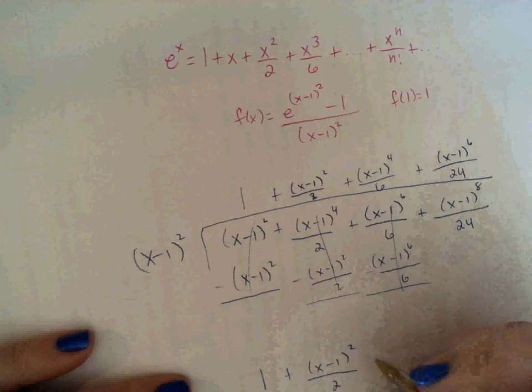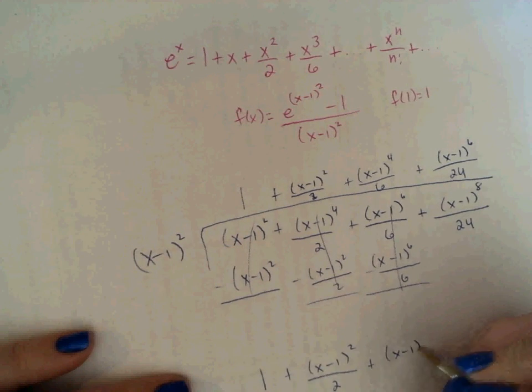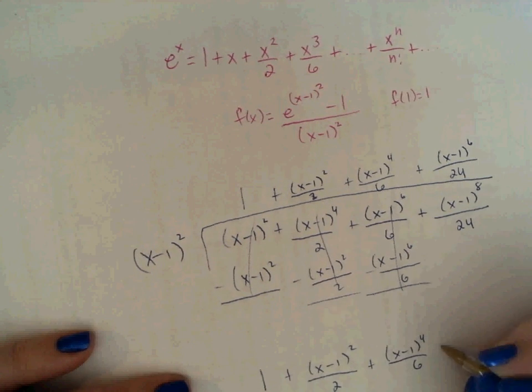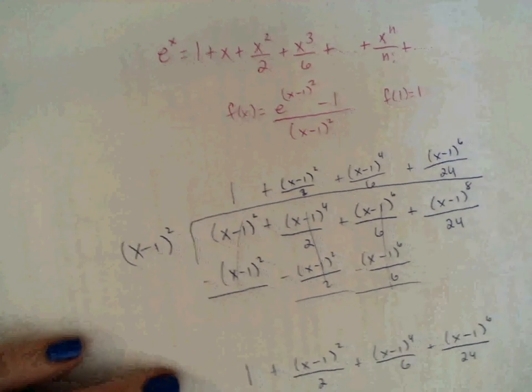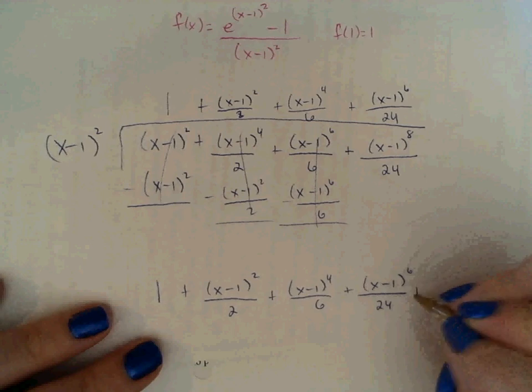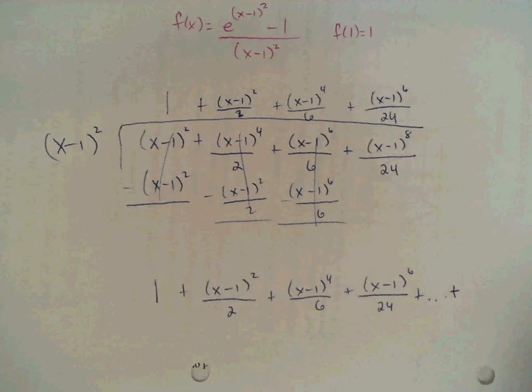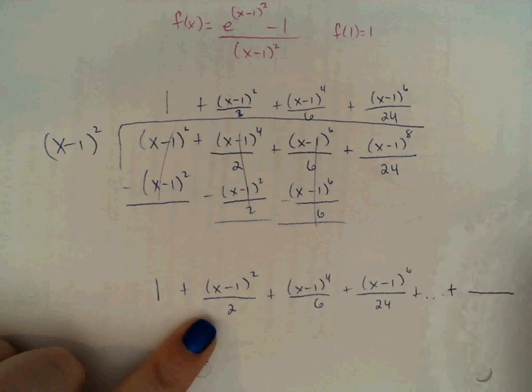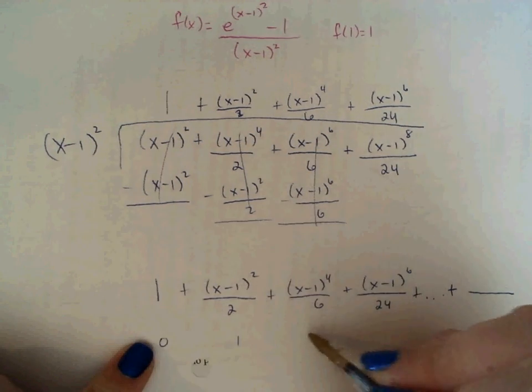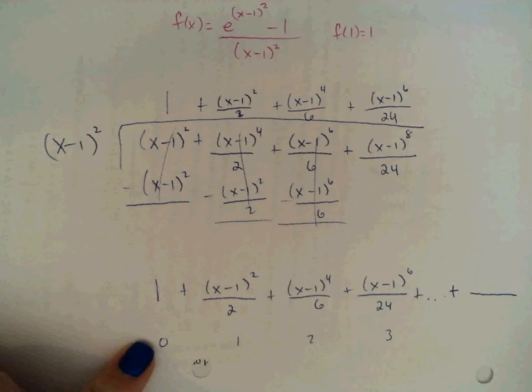I did it. So we get 1 plus x minus 1 quantity squared over 2 plus x minus 1 to the 4th over 6 plus x minus 1 to the 6th over 24. And then we're supposed to come up with the general term, right? So what we're going to do is we're just going to take this and just see about what's going on, okay?